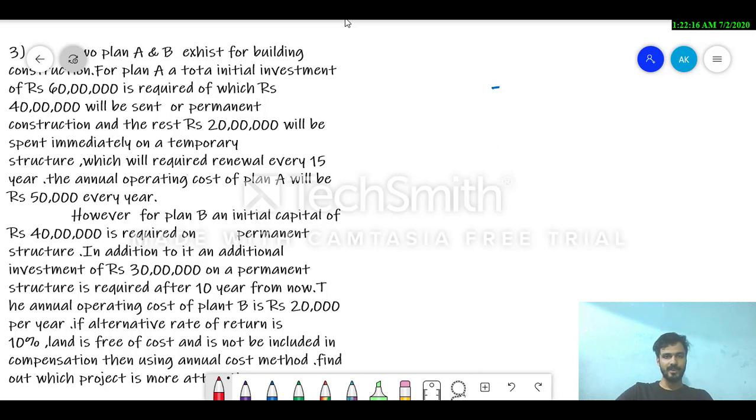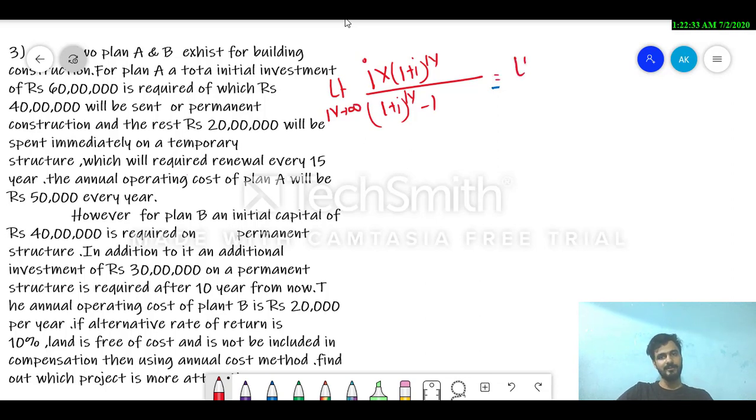If you see, I multiplied with (1 plus i) to the power n upon (1 plus i) to the power n minus 1. If you substitute the limit n tending to infinity, you get i upon 1 minus 1 upon (1 plus i) to the power n.